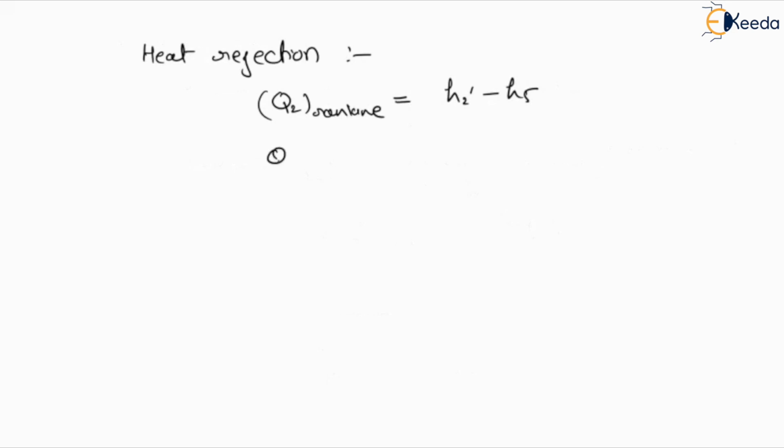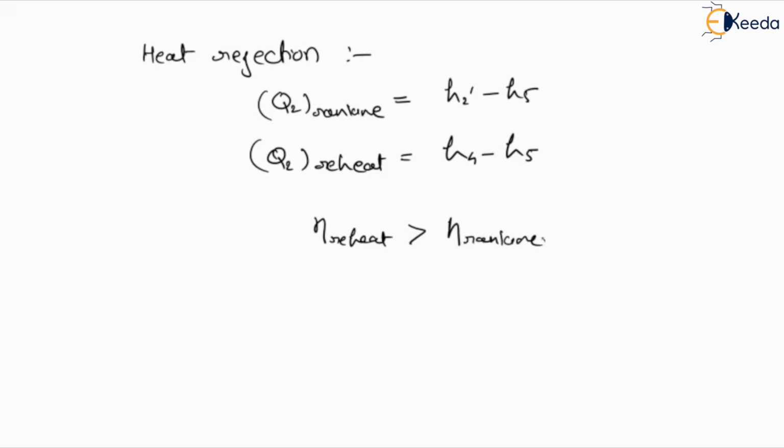So Q2 of reheat will be H4 minus H5. So here this Q2 is greater than the Q2 of Rankine. So in that case, efficiency of reheat will be greater than efficiency of Rankine cycle.